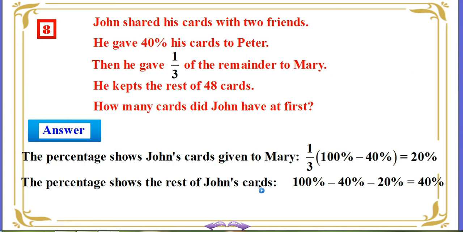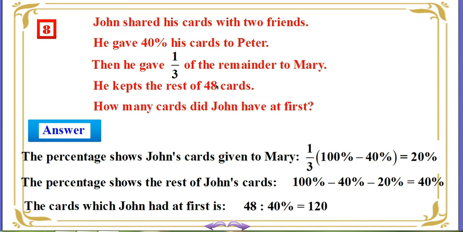You take 100% subtract the percentage of cars given to Peter and the percentage of cars given to Mary, and then the result is 40%. 40% of the cars is 48, so for the total number of cars, you take 48 divided by 40%, and then the result is 120 cars.